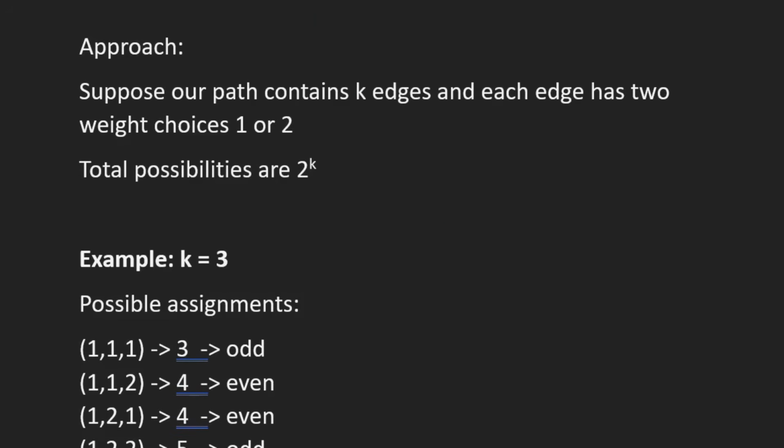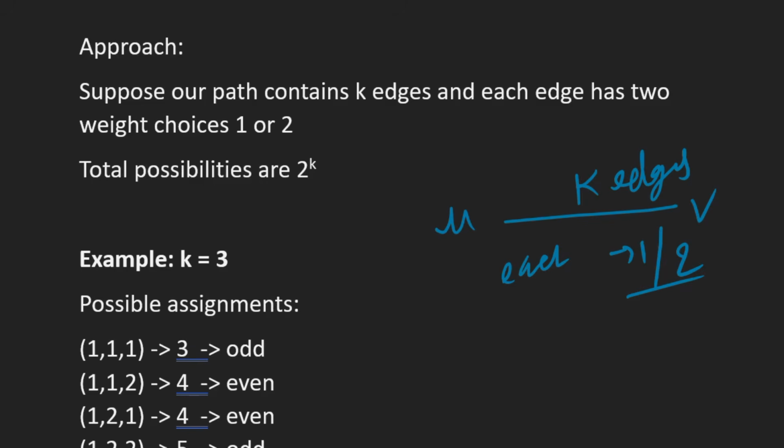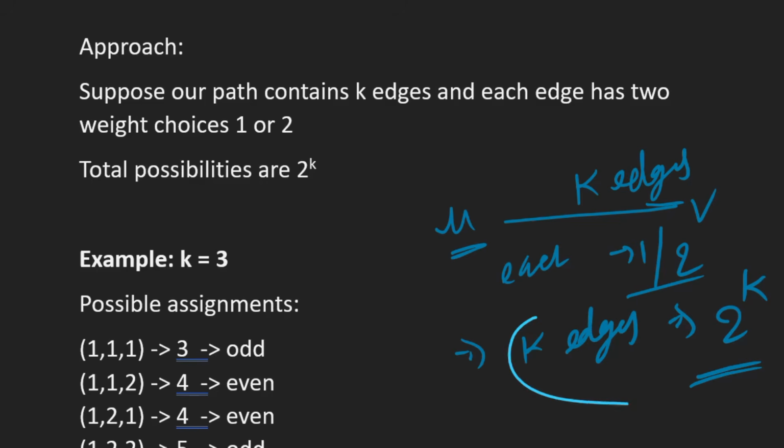So let's say we have two nodes u and v, and in between those two nodes they have k edges. Now for each edge we can either put edge weight as 1 or put edge weight as 2. So for k edges the total possibilities will be 2^k, right?